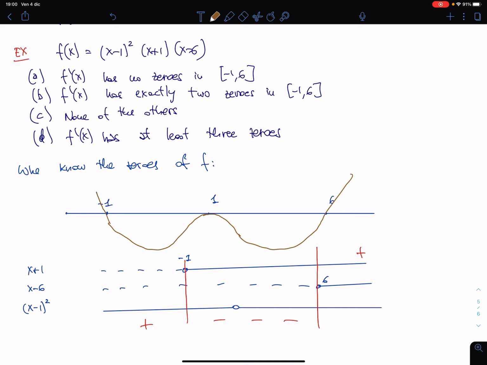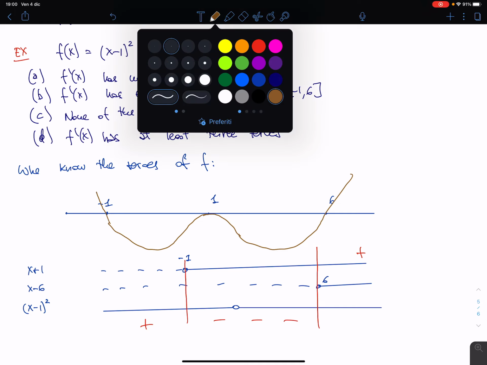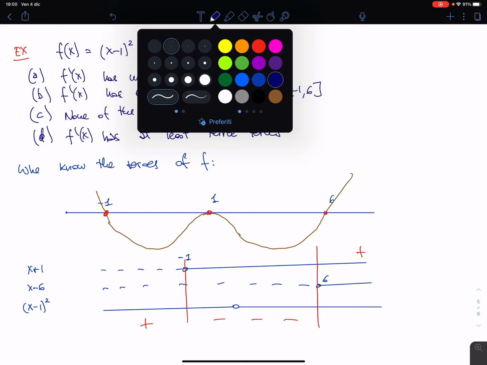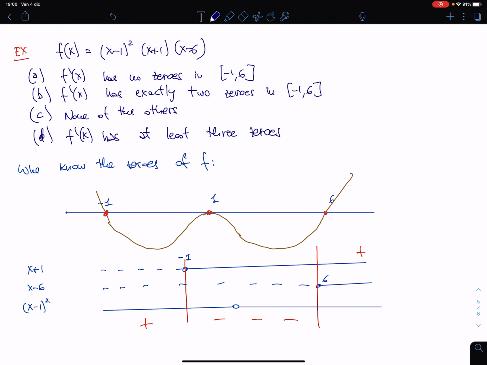However, there are 3 points where the function is equal to 0, and here you can apply Rolle's theorem in the first interval minus 1, 1, and so you get that there is 1 point where the derivative is 0.